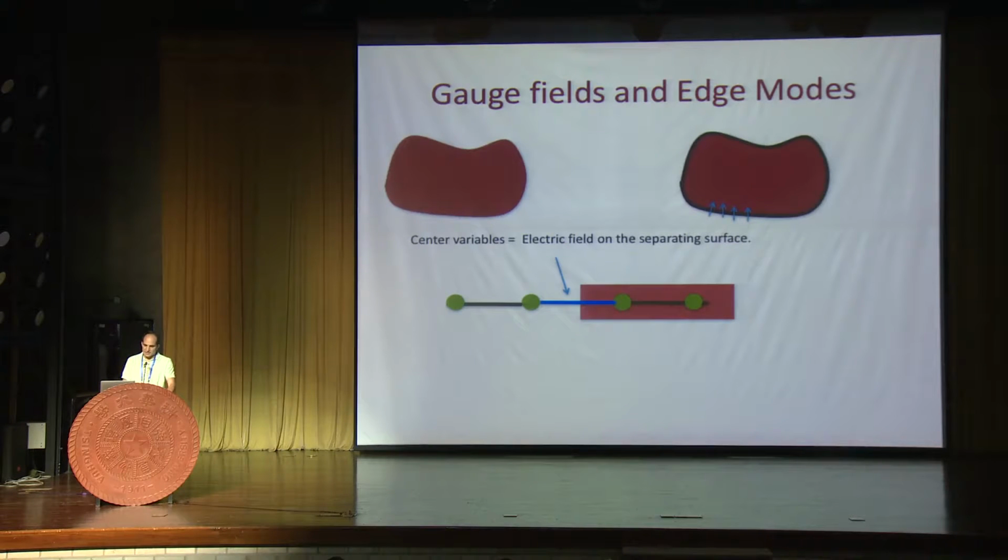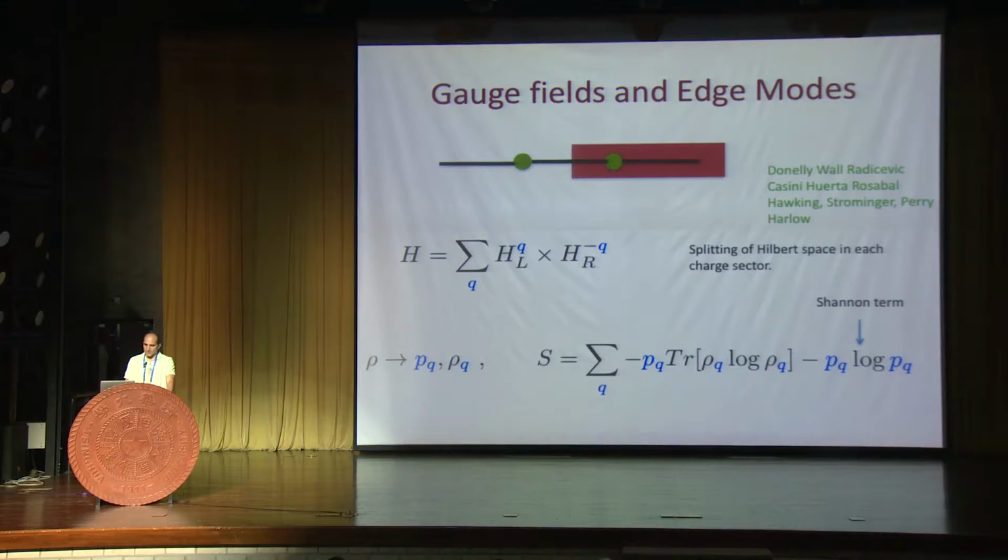Now another issue that's been studied a lot recently is the issue of defining entanglement for gauge fields. So in this case, if you think in terms of a lattice, you cannot quite separate the degrees of freedom because the degrees of freedom of the lattice live on the links. And in this case, you have a slightly different decomposition of the Hilbert space.